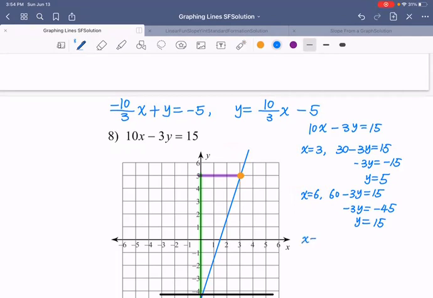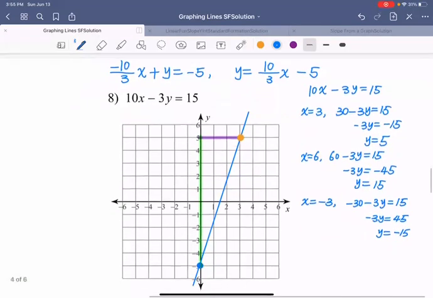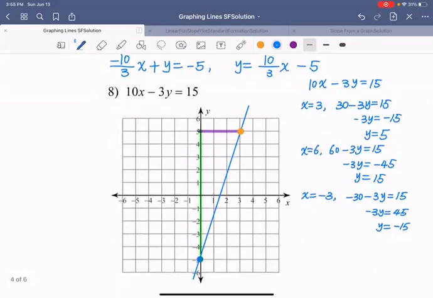Try one more value of x. Be -3. So -30 minus 3y equals 15. So then it would be -3y equals 45. y equals -15. We can also try 0, right?